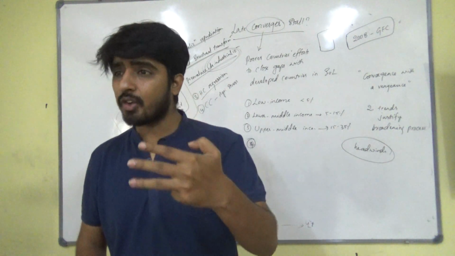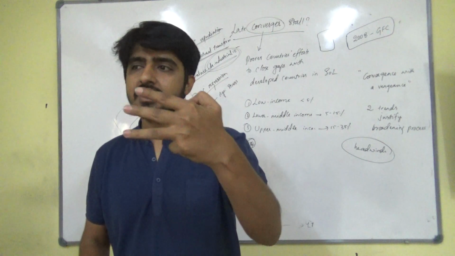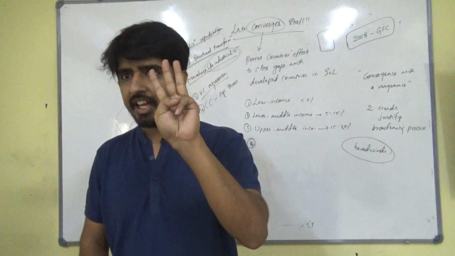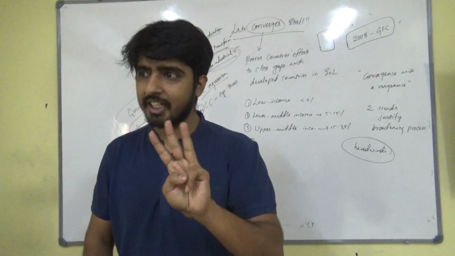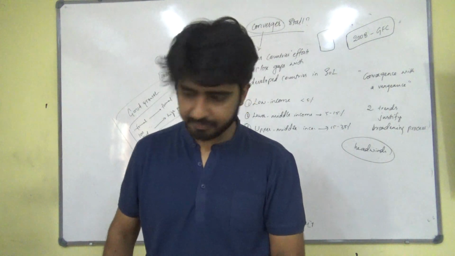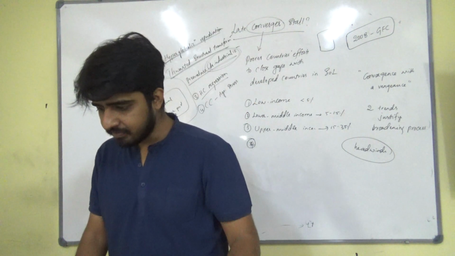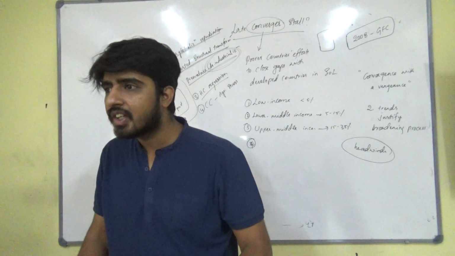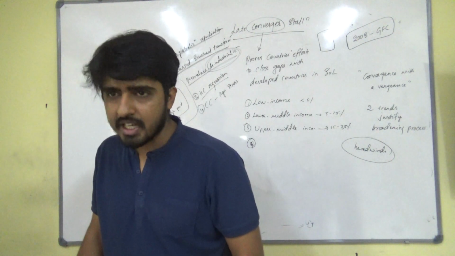If you have 3 crops in a year, this area will be counted 3 times in gross sown area. In net sown area, you do not count it 3 times. एक ही बार count करोगे. That's the difference. Next. So कितना है net sown area in India? 141.4 million hectares.